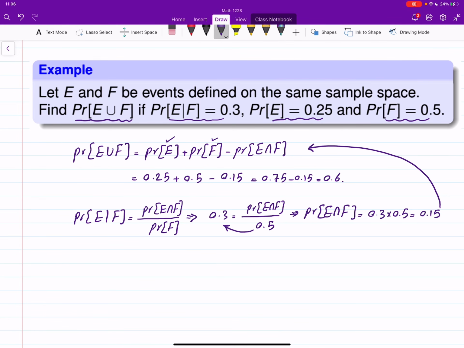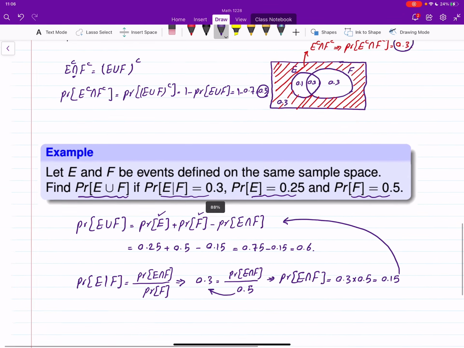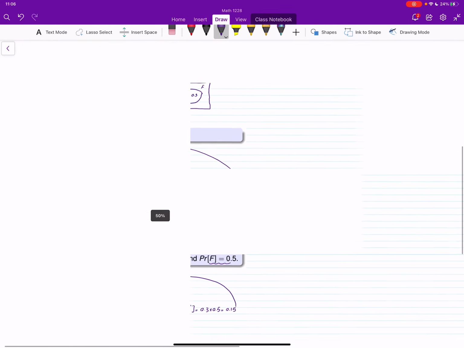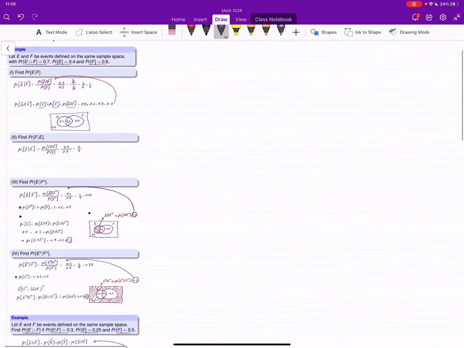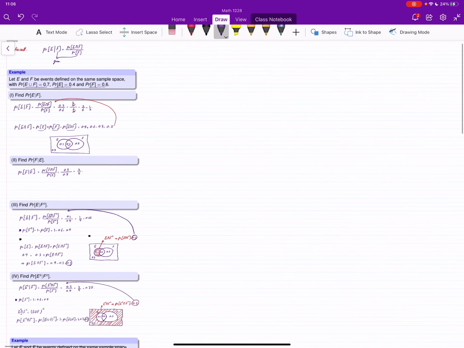Okay? So just a formula. You may go backward. Knowing conditional probability, you can find the probability of the intersection, or as you saw in these cases, knowing the intersection, we can go and find conditional probabilities.